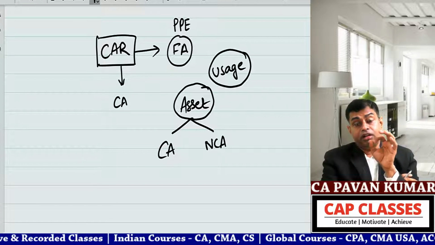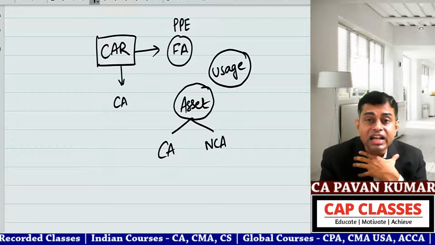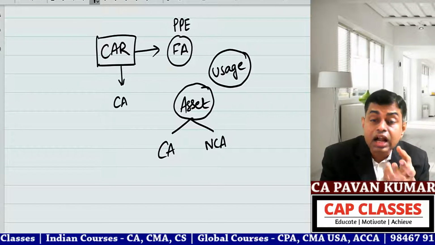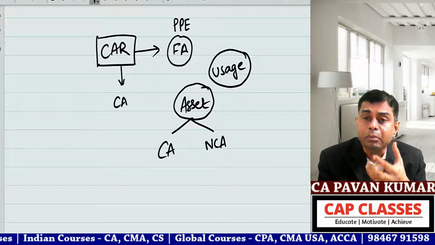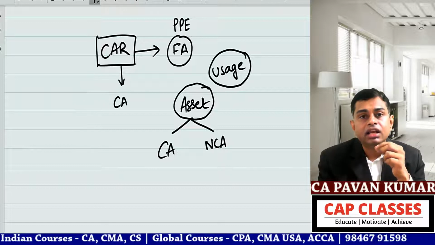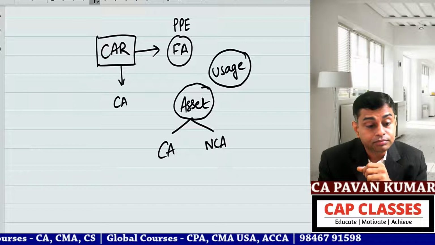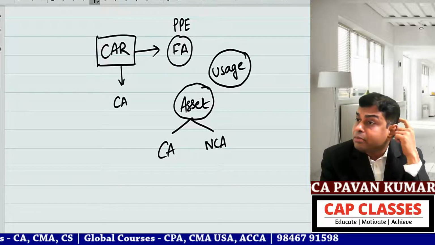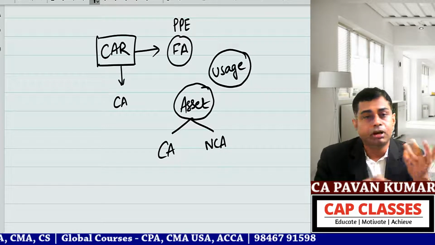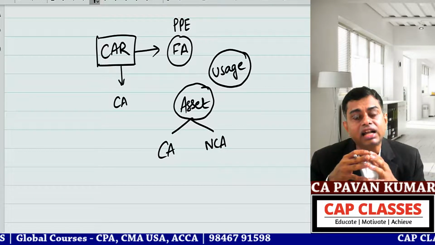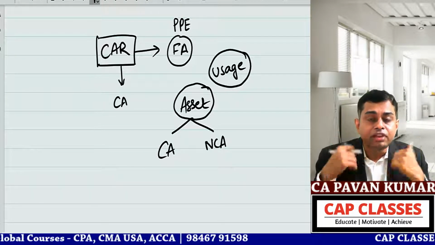For example, imagine I am a dealer. I have a shop where I sell computers, where I sell mic sets. For me, this computer and mic set is inventory, isn't it? In fact, if I am a real estate broker, constructing apartments and selling them, constructing flats and selling them, do you think a flat will be a fixed asset in my books?